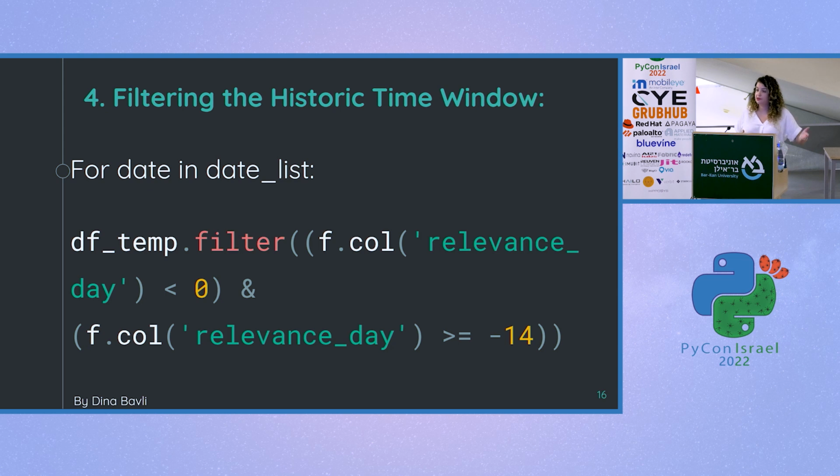Something that happened 3 months ago maybe doesn't really affect whether or not a user will purchase in the next week. Also, it takes a lot of computing power to aggregate all of the data. So you might want to limit the time frame. Here it's 2 weeks, but it can be a week, a month, whatever you like.